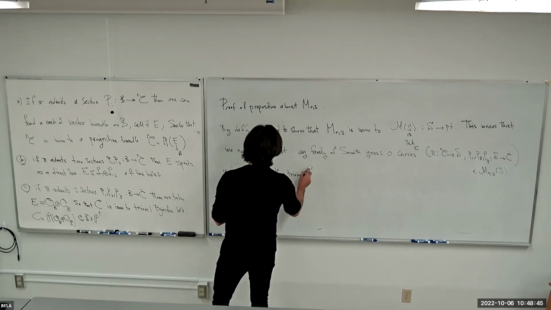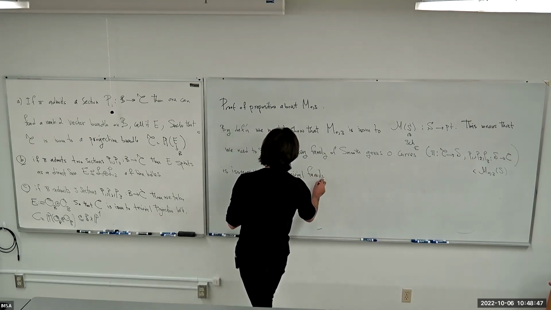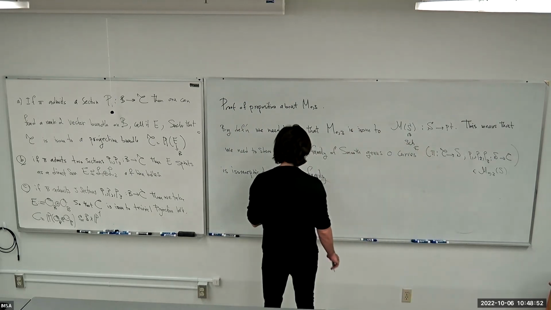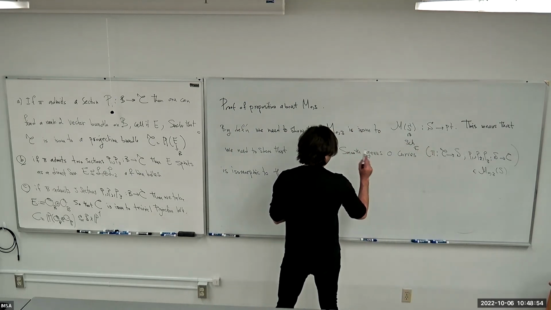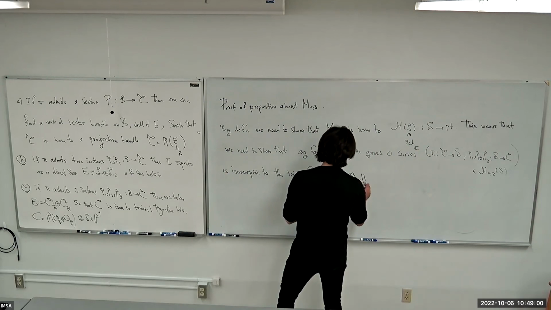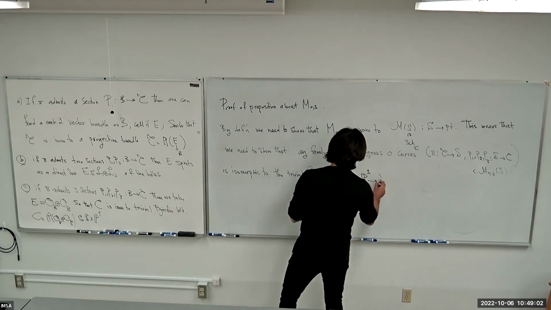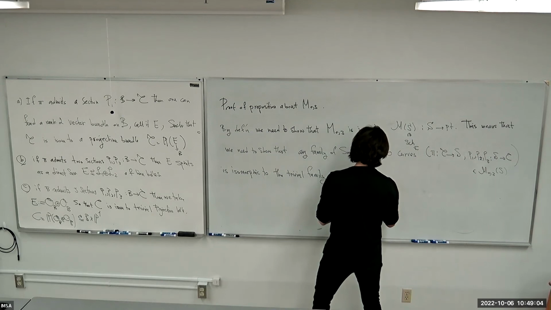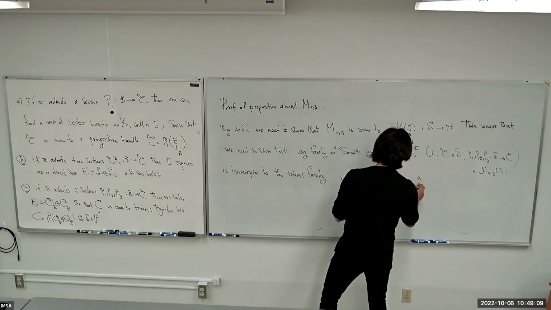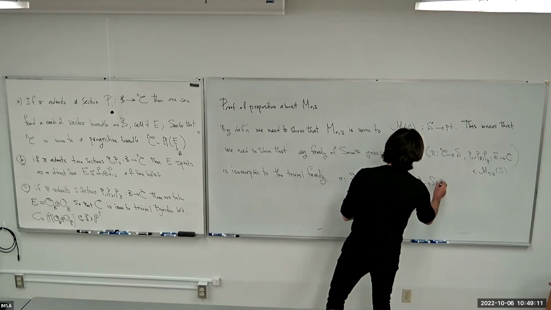What is that? It is pi from S times P1 to S, together with the sections 0, 1, infinity, from S to S times P1.